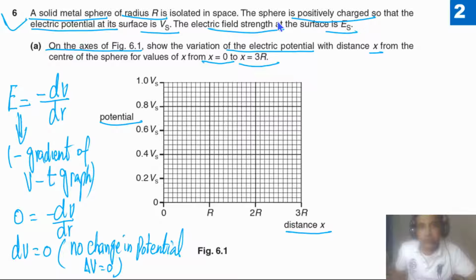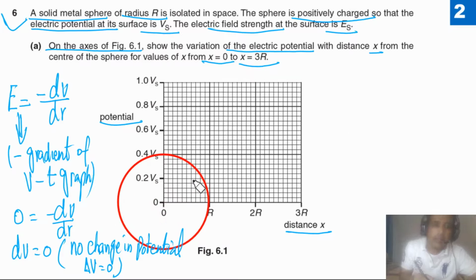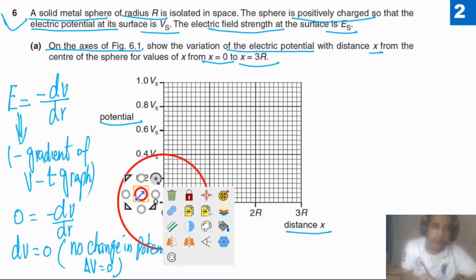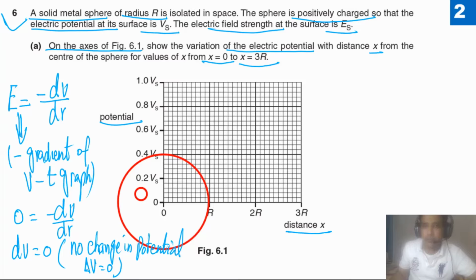For this question, it is given that the sphere is positively charged and the radius of the sphere is capital R. So this one is our sphere. And electric field inside a sphere is equal to 0. This is the point you need to understand. If electric field inside the sphere is equal to 0, it also means that delta V is equal to 0, or simply V is constant.